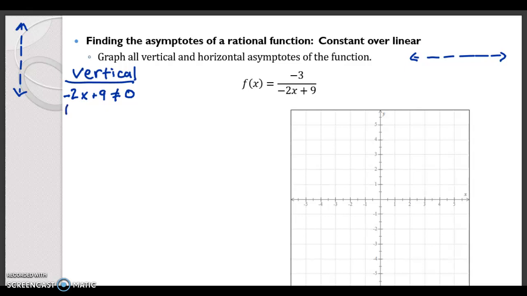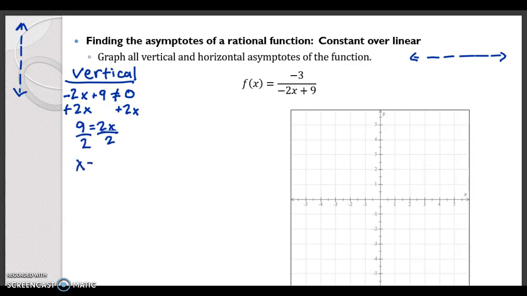So I can add 2x to both sides. So I get 9 equals 2x, and then divide by 9. I did not want to divide by 9, because that would give me 1 equals 2x ninths. Sorry. I need to divide by 2 to get x by itself.